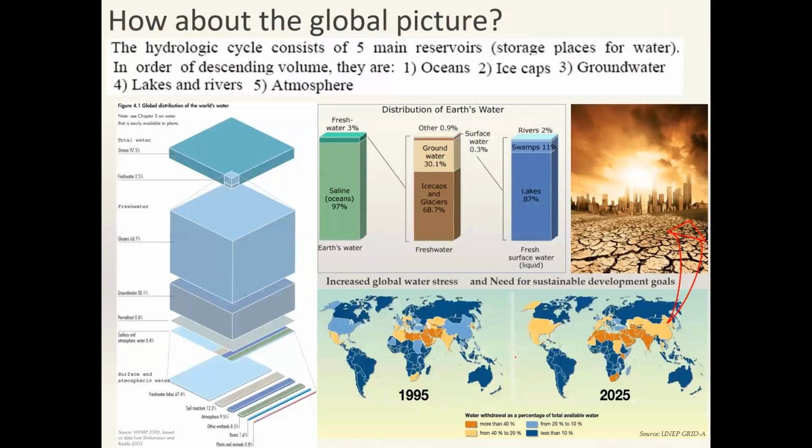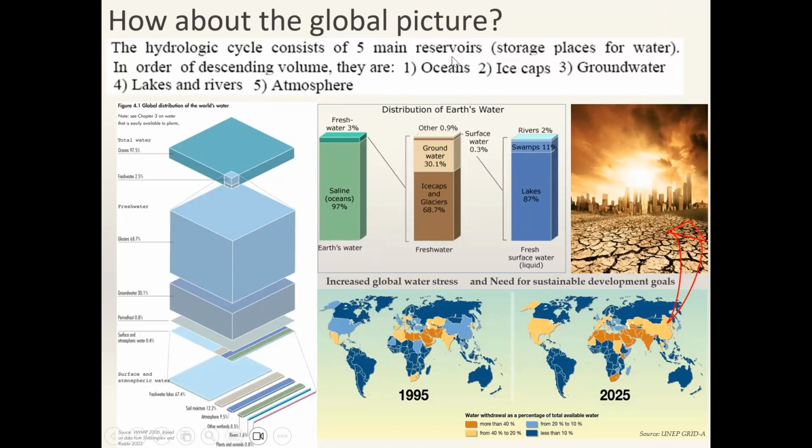This is just for you to understand how much water we have on earth, and then how much water we can actually consume. Then what is the percentage of the water that we see on the ground surface, right? You know there are 5 main reservoirs. What are they?